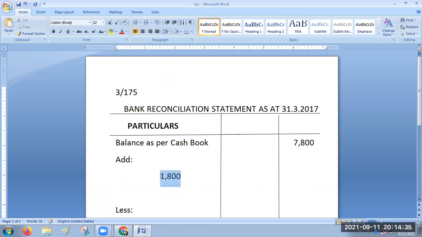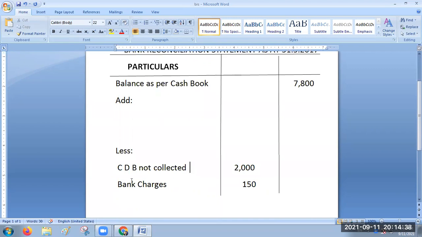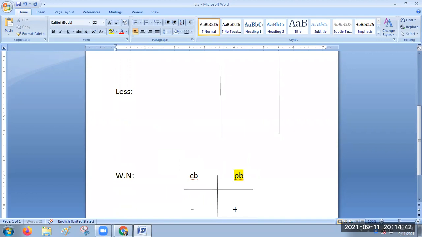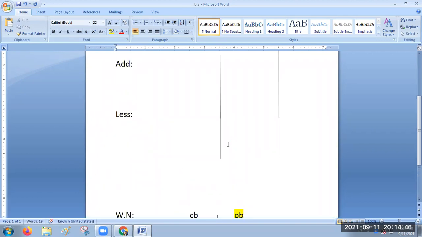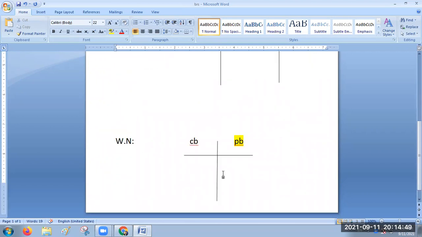So we will check how it goes on. So now as cash book balance is given, we have to find out passbook balance. So this side only tick marks are important now, passbook side.